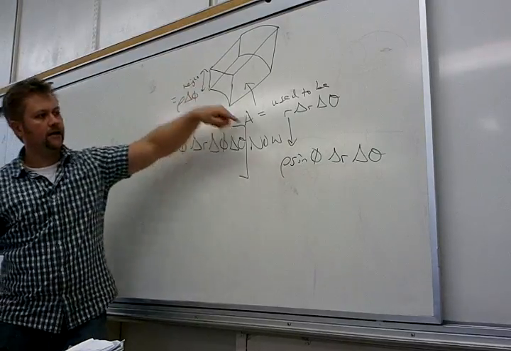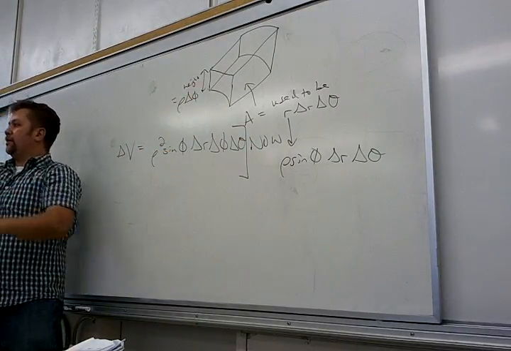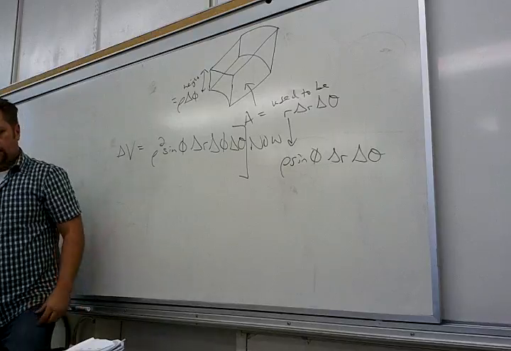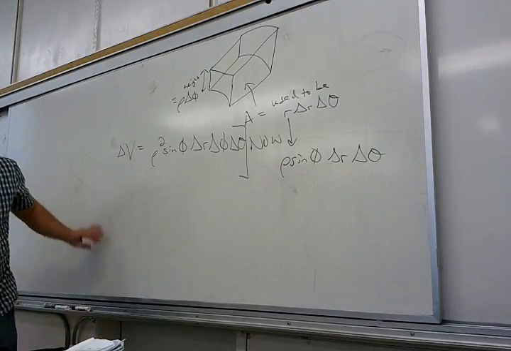Multiplying that height by that area gives the volume of the box. So we got everything in the right order.